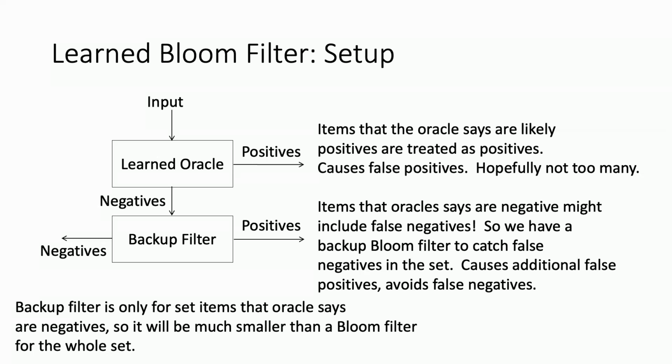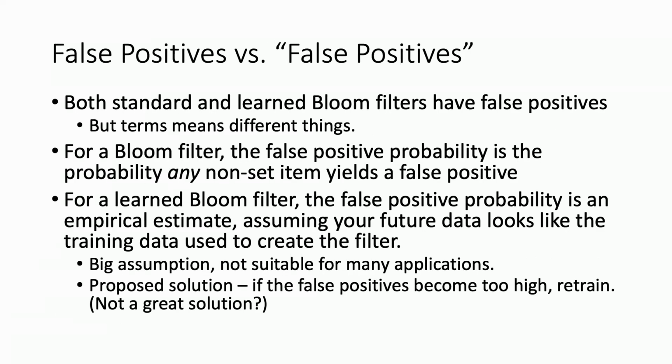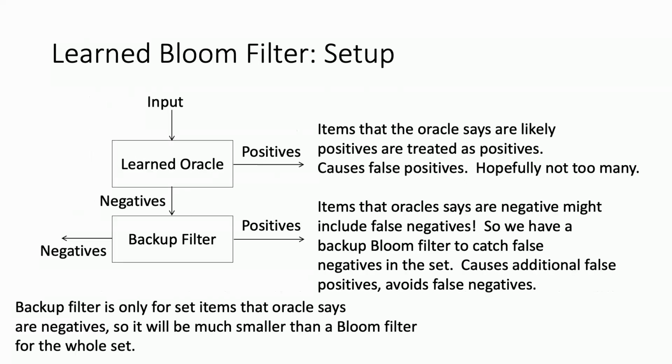And if your learned oracle, whatever space it takes, hopefully it's also much smaller than the original Bloom filter, then you'll have saved space overall and hopefully done so while maintaining the same levels of accuracy. Actually, before I go on to some of the issues, any questions about this picture, the basic idea?